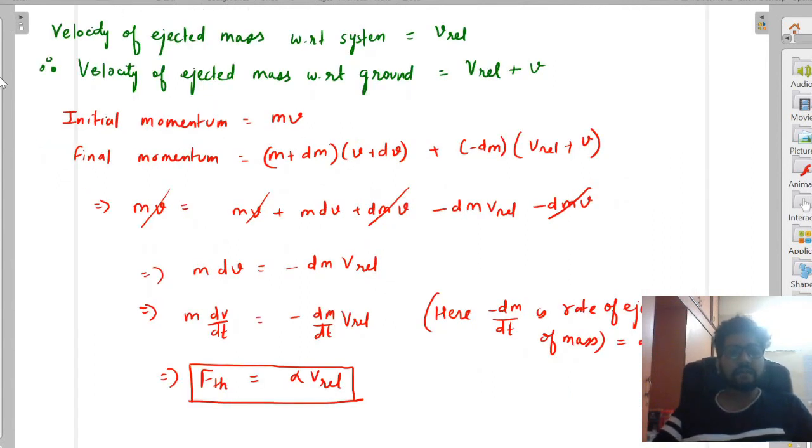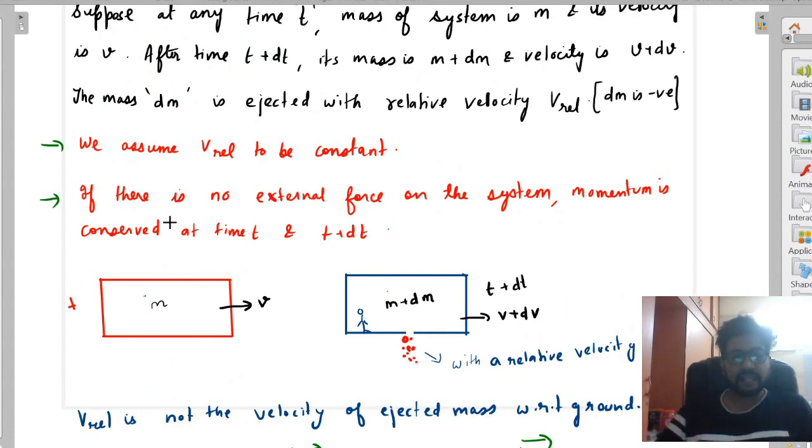So now, again, the velocity of the ejected mass with respect to the system is v relative. So the velocity of ejected mass with respect to ground is v relative plus v. Now see, in this diagram the initial momentum is mv, and the final momentum is (m plus dm) into (v plus dv), right?